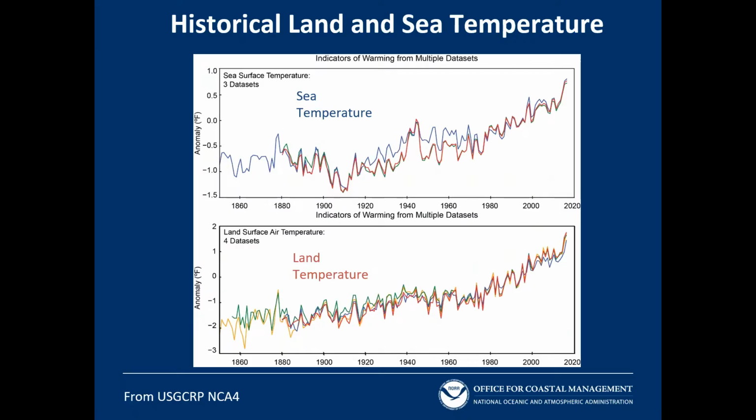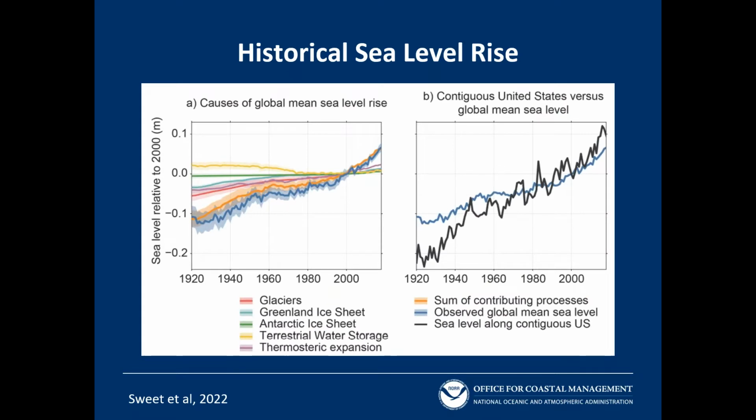And what we have seen and what's driving a lot of this change is the change in land temperature and sea temperature. So as we increase the atmospheric temperature from global warming, you see there the sea is also absorbing some of that heat. And of course, that directly translates to sea level rise, because we're basically heating the oceans. There's a lot of different factors that have gone into what has caused sea level rise in the past.